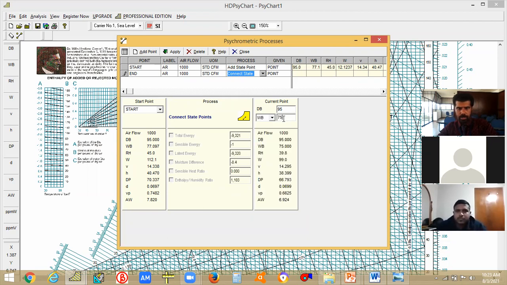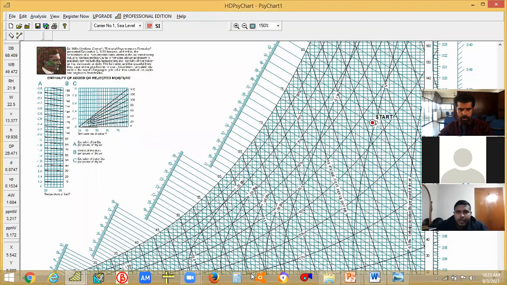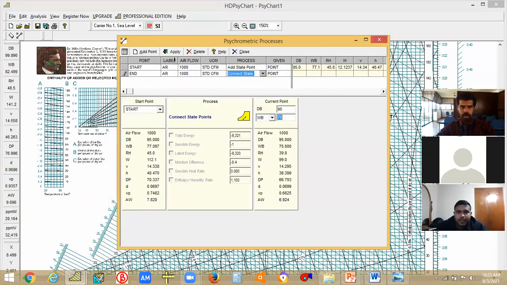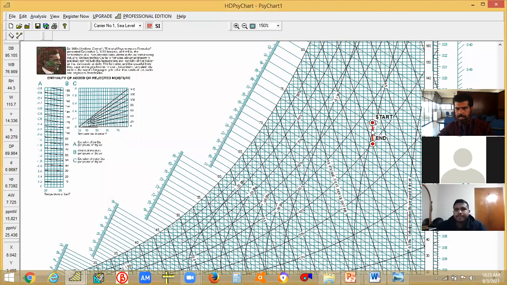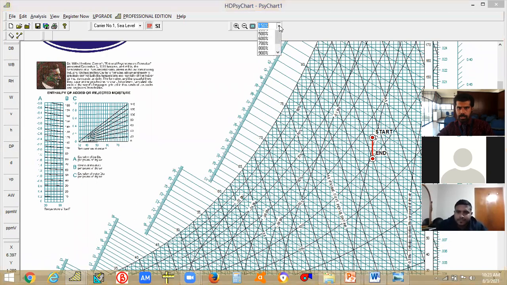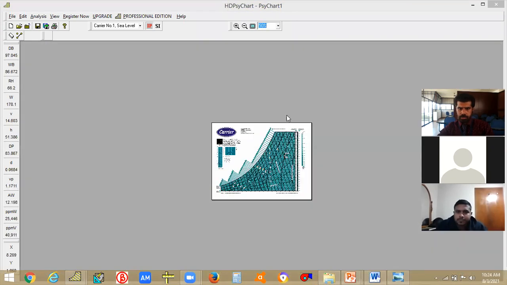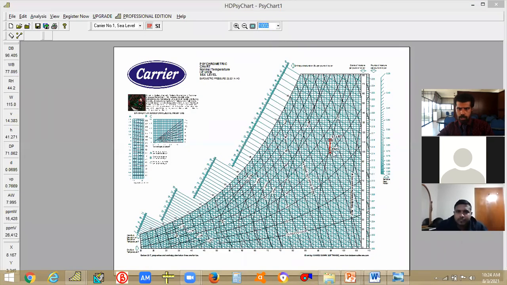Let's see. Giving apply. So you can see both are connected. Correct. Both are connected.